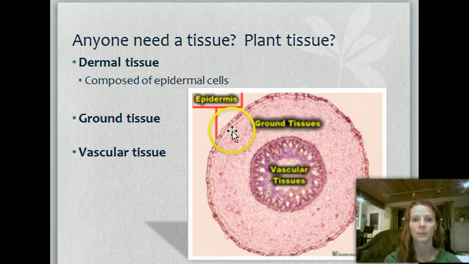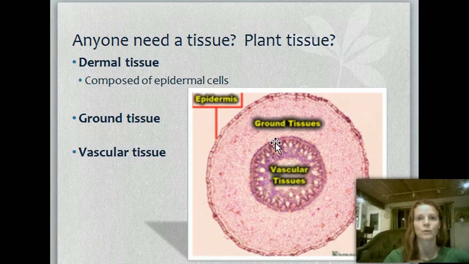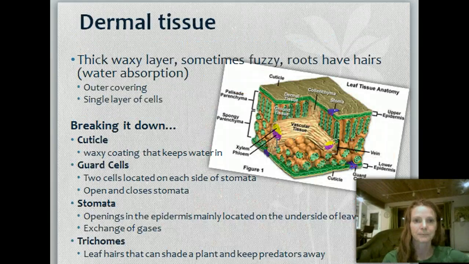The dermal tissue is this outer coating here that is more for protection. The ground tissue is this middle layer here, and then you have the vascular tissue. Vascular means veins, and whenever you think of vascular, you're going to think of transporting things throughout this organism. Okay, so those three different types of tissues are absolutely necessary for the plant.